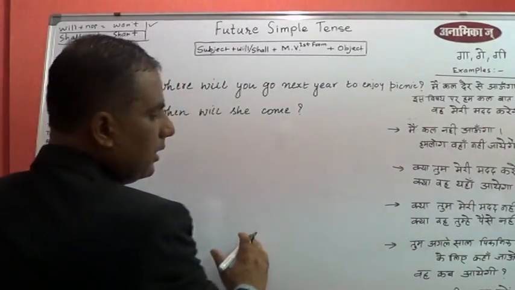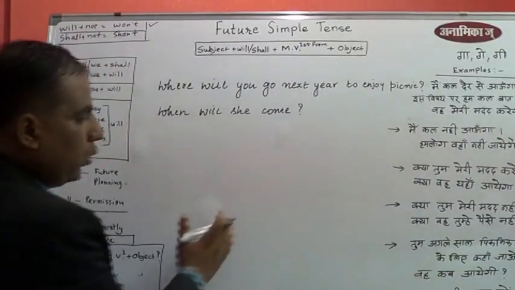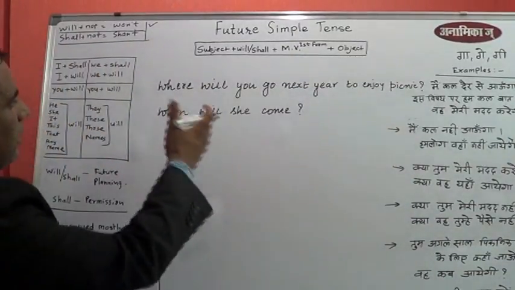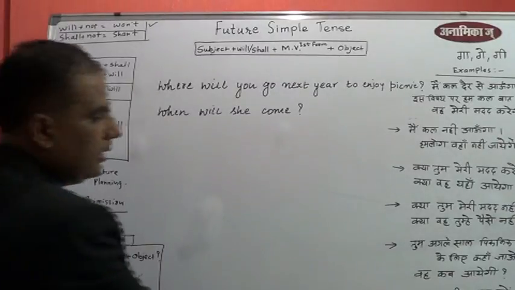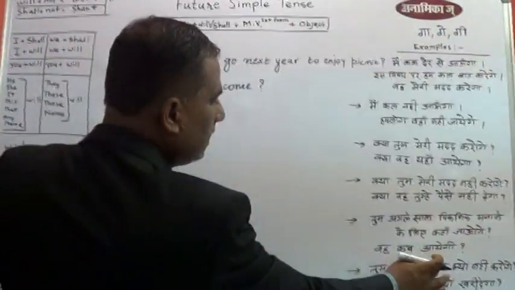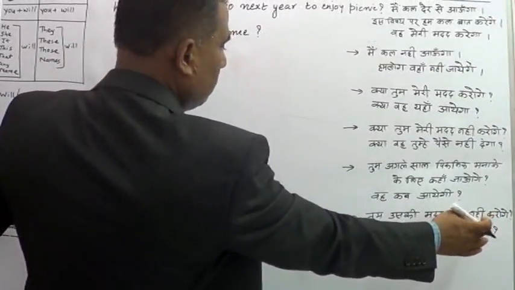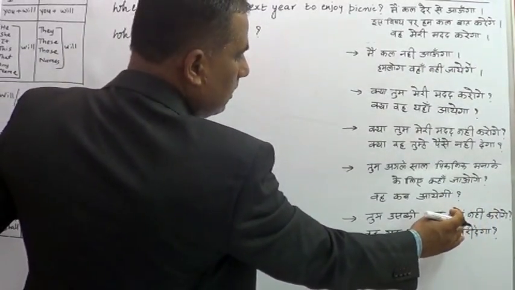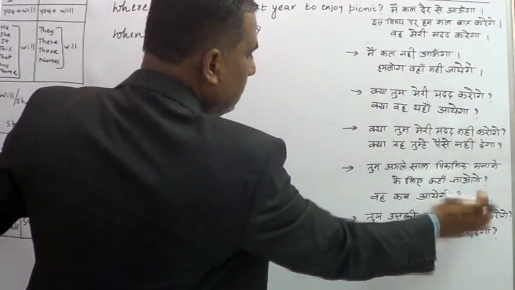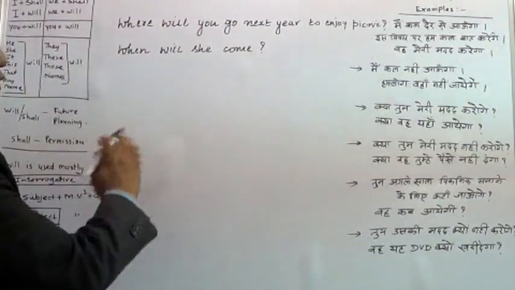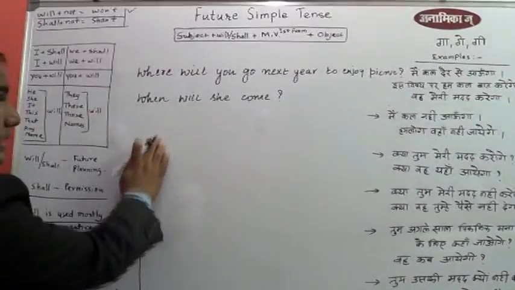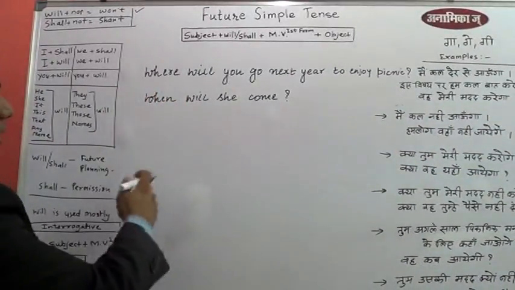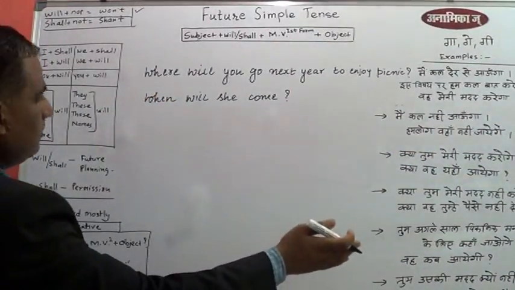Now let's take another example where the question is asked in the negative format. जैसे कि तुम उसकी मदद क्यों नहीं करोगे? So here क्यों के बाजू में नहीं है. That is why this question is a negative question, and instead of will we have to use won't.